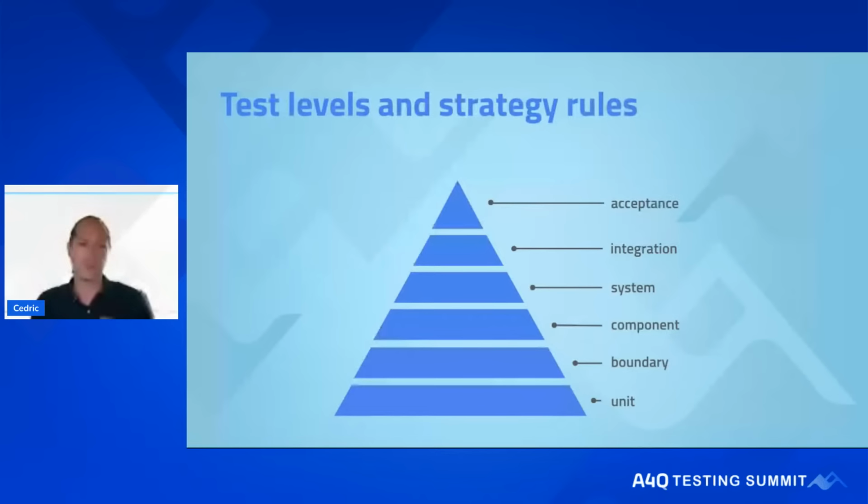From one place to another, from one framework to another, vocabulary might differ, but the logic is always the same. It's having low-level testing, unit testing, component testing. Then you go higher and higher with integration of the systems and the system of systems until you get to the acceptance step.